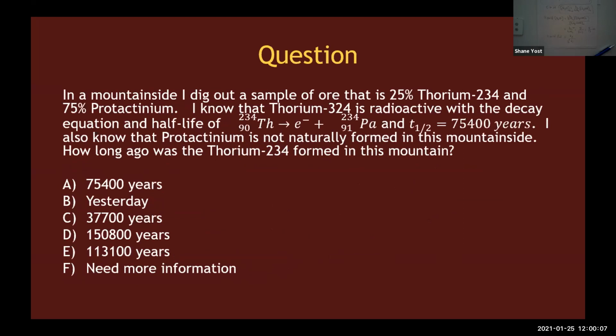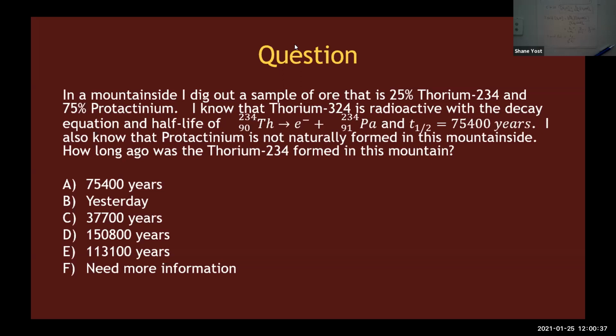Let's see here. A little bit of a question, right? So I have some mountainside. I dig out a sample of ore that's 25% thorium-234 and 75% protactinium. I know that the thorium is radioactive and decays with the given equation there to the protactinium, with a half-life of 75,400 years.